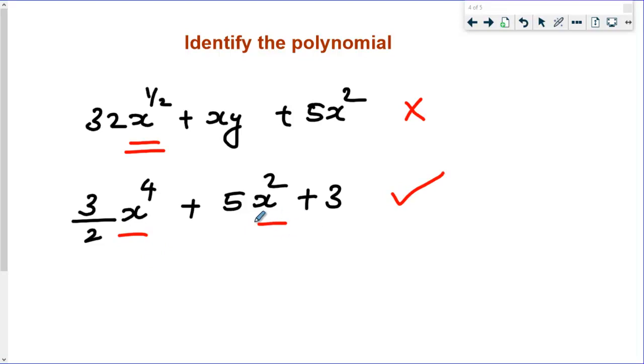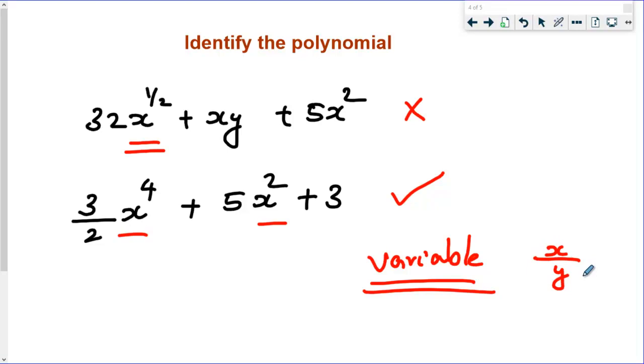So for identifying whether the given expression is a polynomial or not, we have to consider only the variables. We have to check only the variables. The variable should not be in the denominator, that is, should not be in the form of x by y, or the power of the variable should not be negative, like x power minus 2, or the variable should not be under a square root, or the power of the variable should not be a fraction.